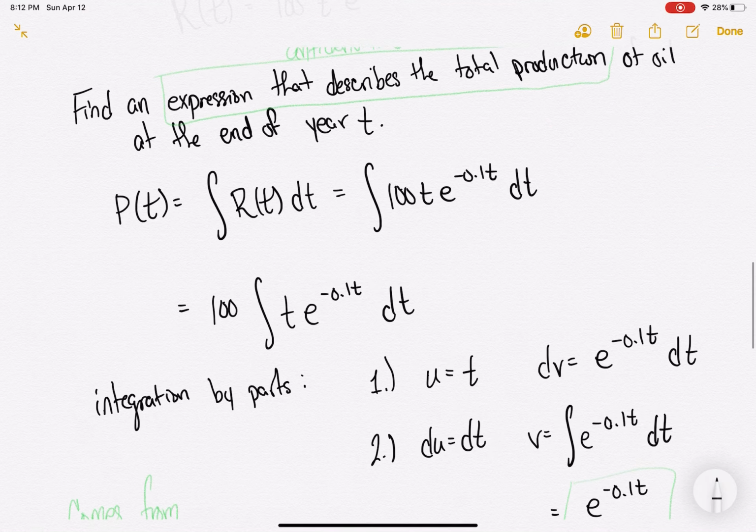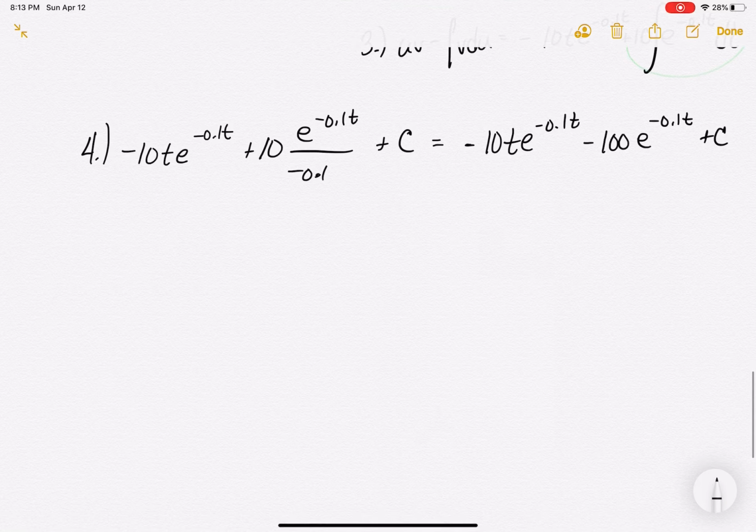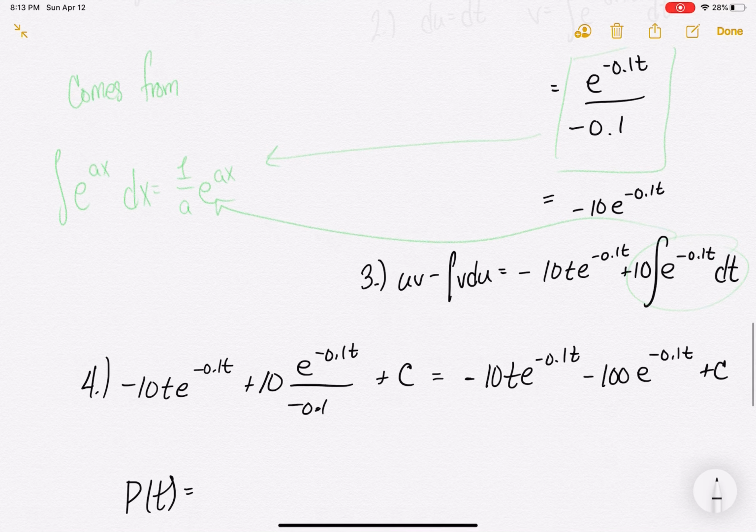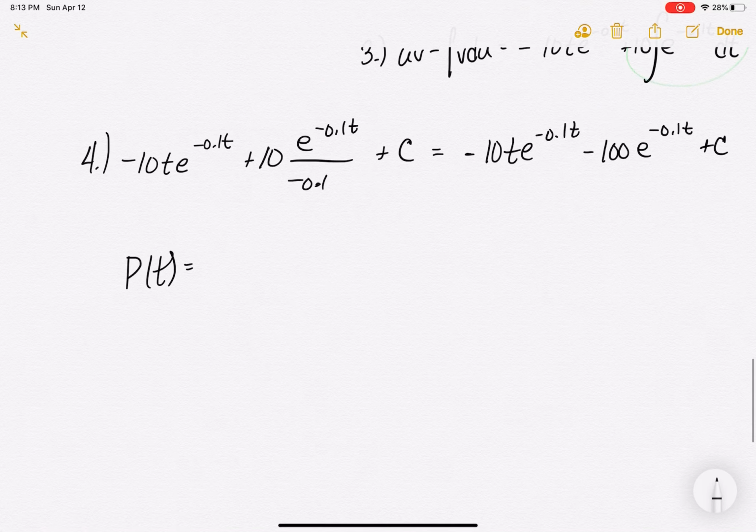And you'll remember there was a 100 out front, so P of T equals negative 1000 t e to the negative 0.1 t minus 10,000 e to the negative 0.1 t plus c.